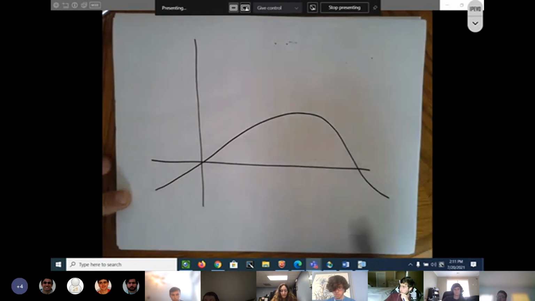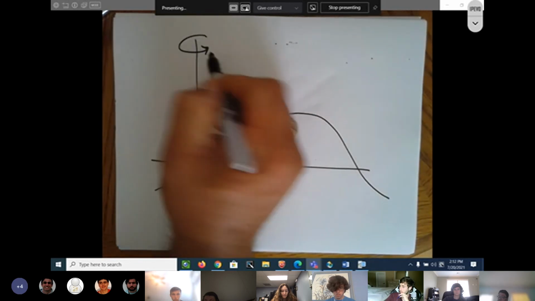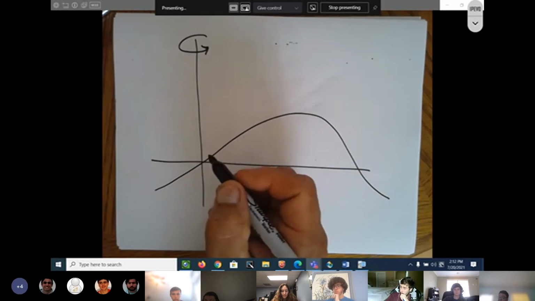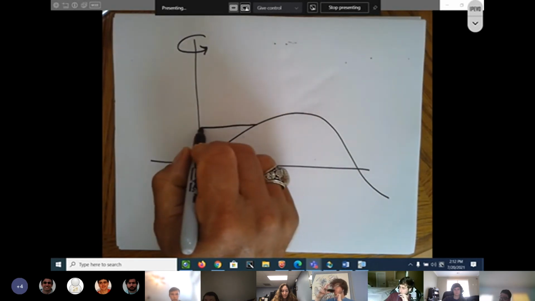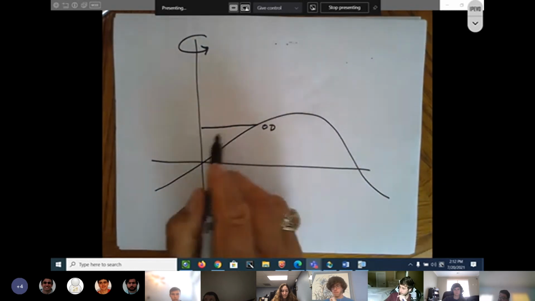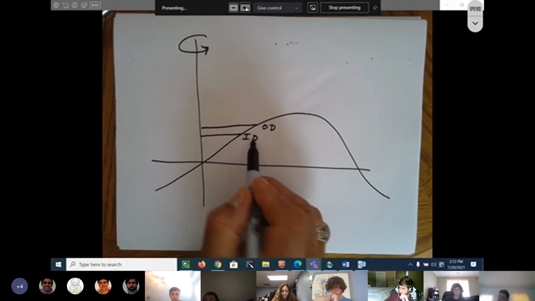They're going to look something like that. If you look and you're rotating around this axis and you're using the shell method, then this is going to be your outside diameter, and this is going to be your inside diameter.